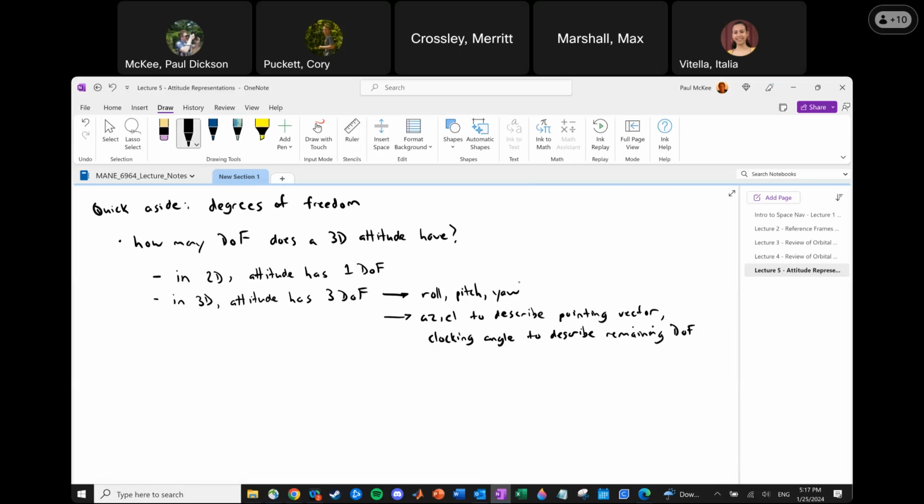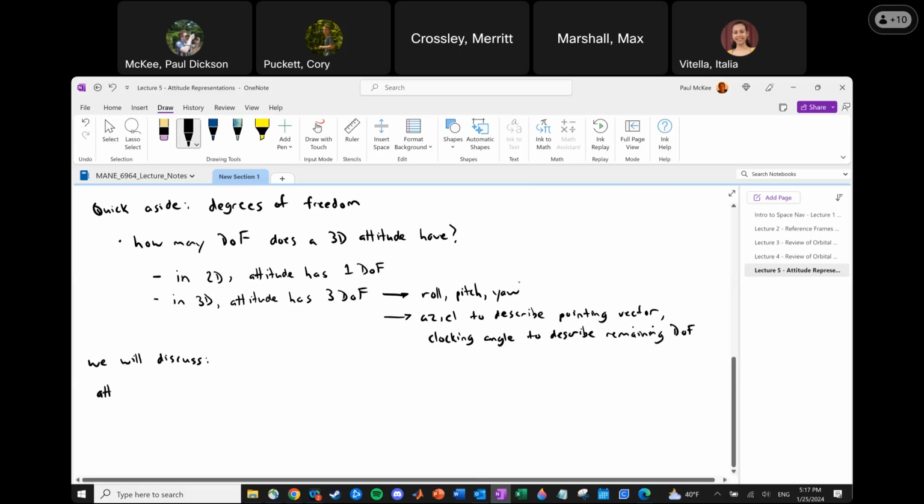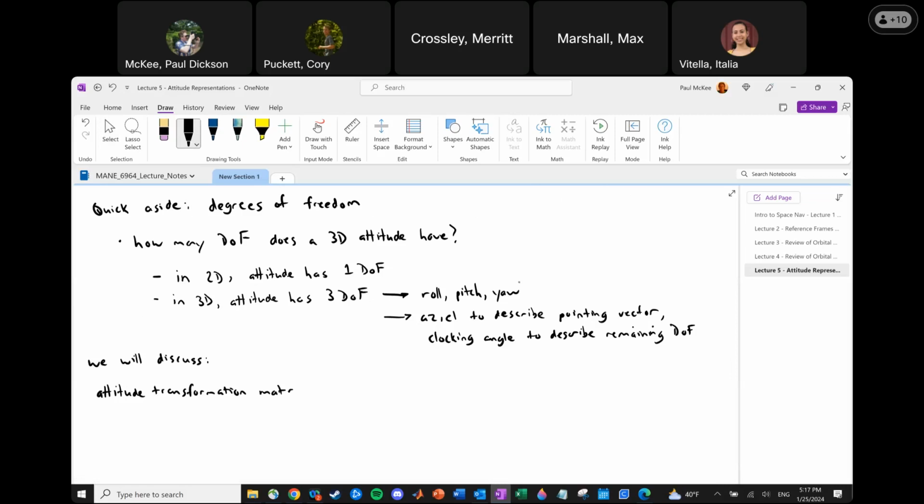But we are going to discuss in this class attitude transformation matrices, also called direction cosine matrices, Euler angles, angle vectors, and quaternions.